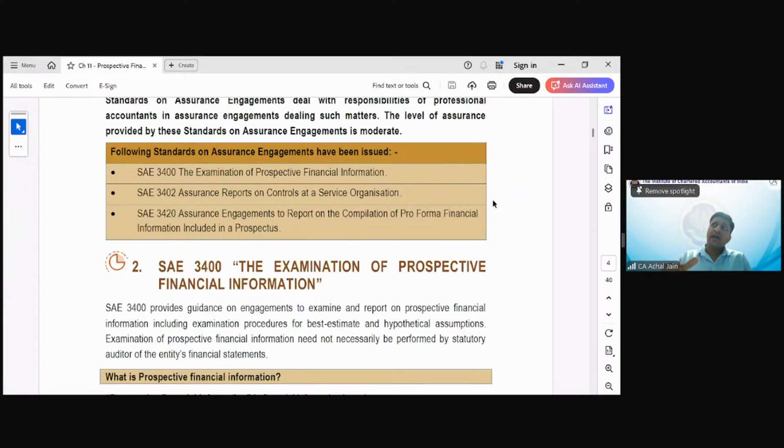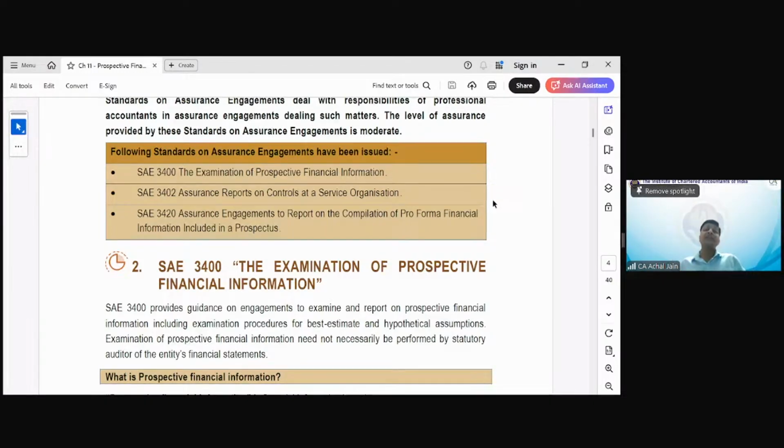They will assume how much revenue they will be able to execute during the year, and what are going to be their expenses. So it's all related to future data, which will all be based on assumptions, or you can say estimates. So that is what you call prospective financial information.